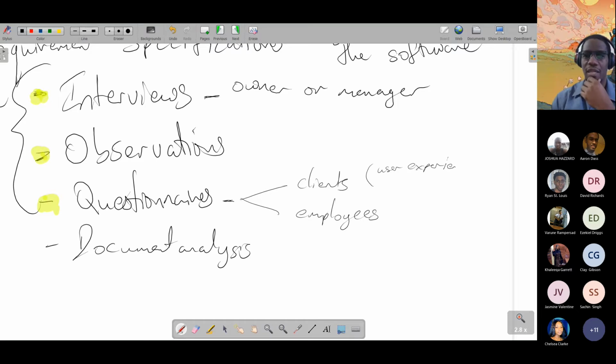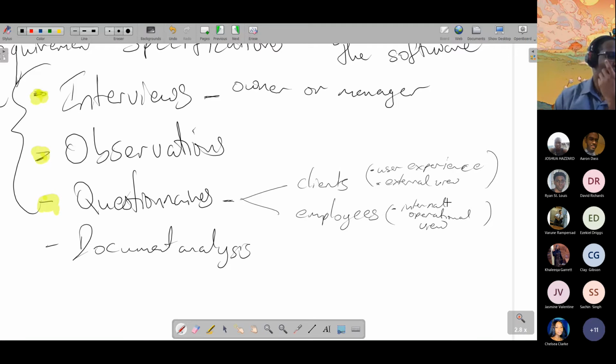Yeah, that is a good answer, right? So the user experience, and of course they could give you an external view of interacting with the company. The employees, as Chanel said, are going to give us that internal operational view of the company.